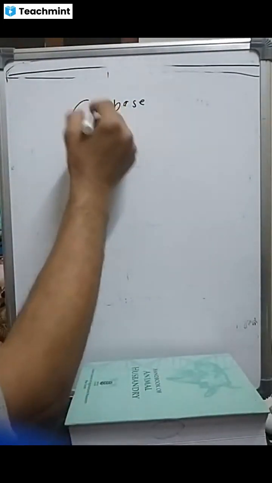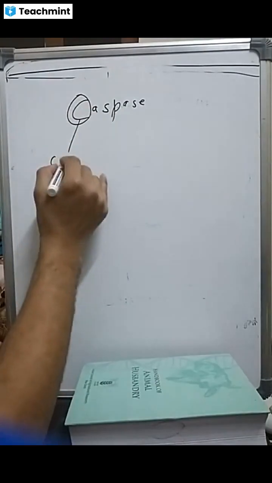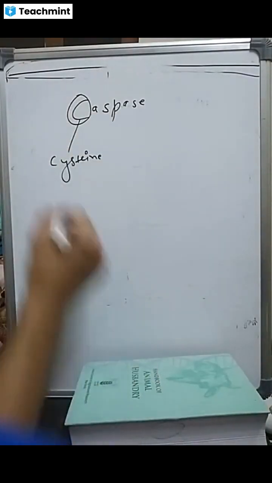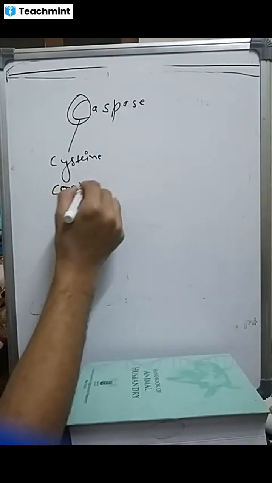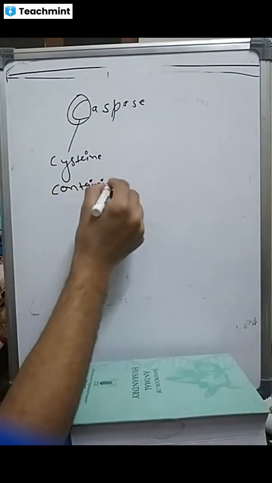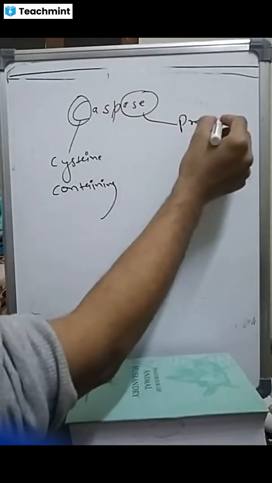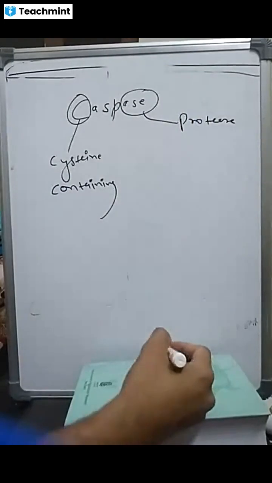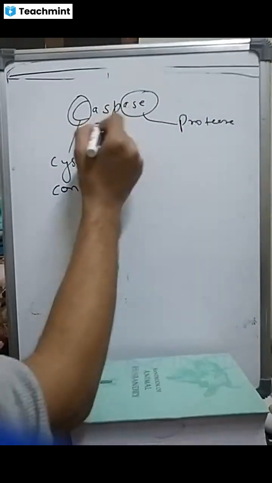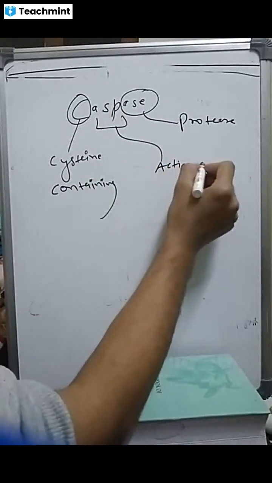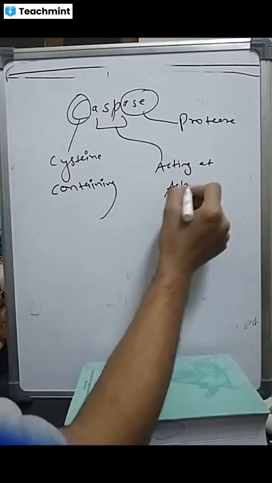Caspases: C is for cysteine, so they are cysteine-containing proteases, acting at ASP.